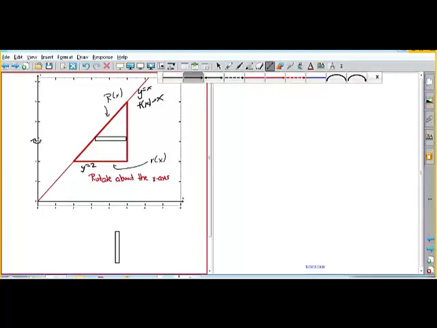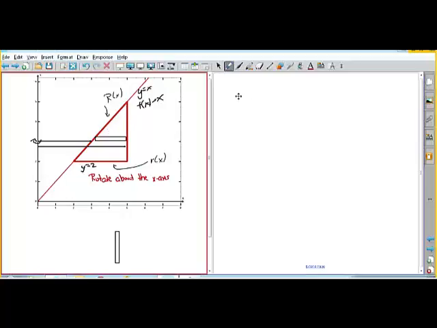Then you have to look at what the radii are. You always look at the distance from the axis of rotation to the inner curve and from the axis of rotation to the outer curve. So in the case of r of y, this is my inside radius, and that's my outside radius. This would be my lower y limit, and this would be my upper y limit.